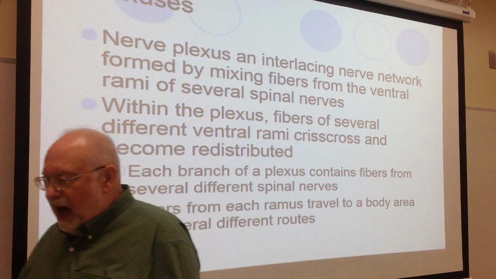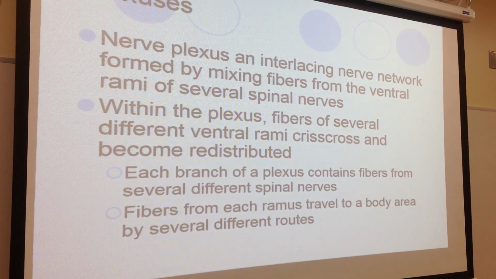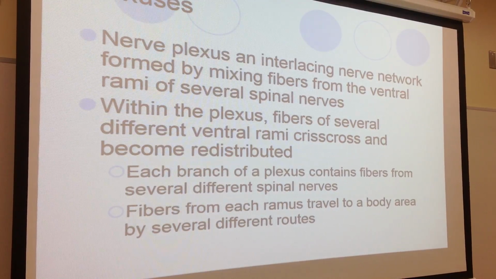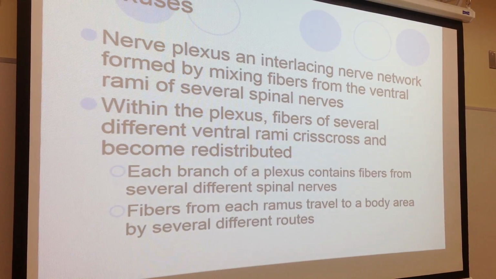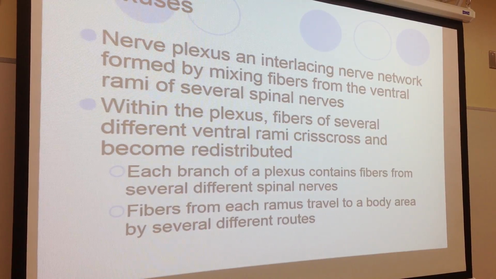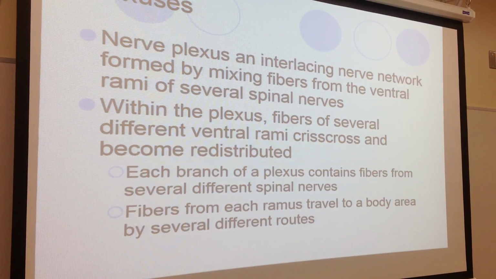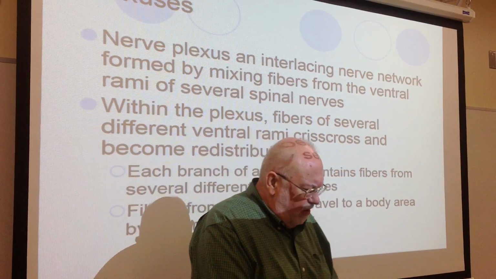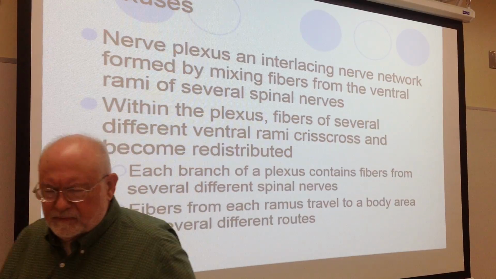And then the plexus is going to give rise to specific nerves that pass on to areas of the body. All right, now, if we take a look at the diagram, and in this new version of the book, it's on page 317, and let's see what we get in the older version.